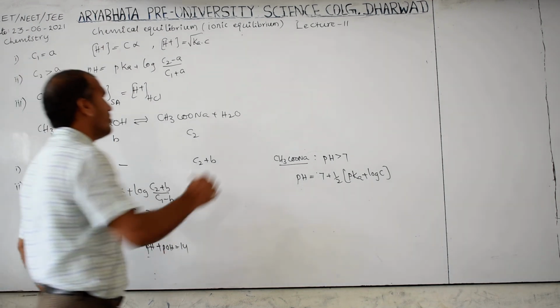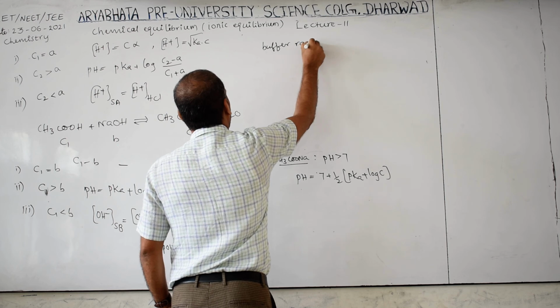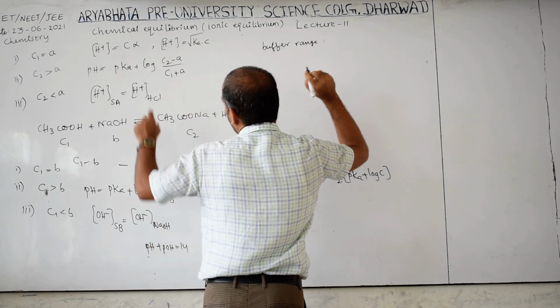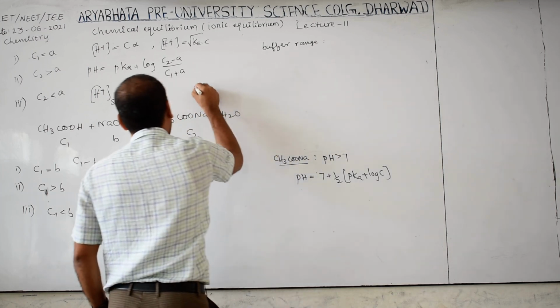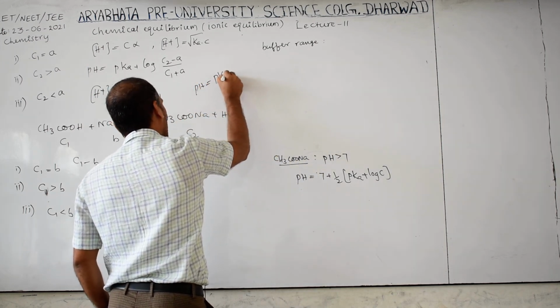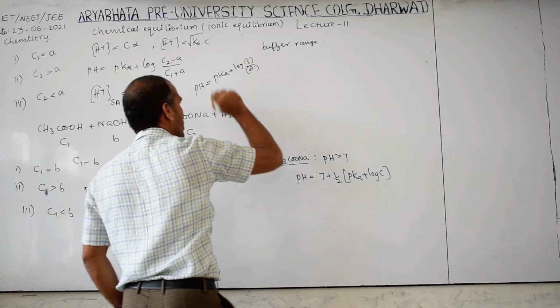And now buffer range. Here the salt by acid concentration is there, because our formula is pH is equal to pKa plus log of salt concentration by acid concentration.